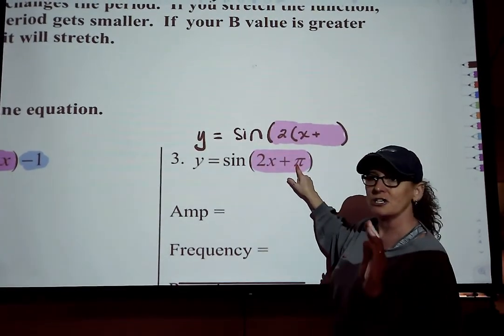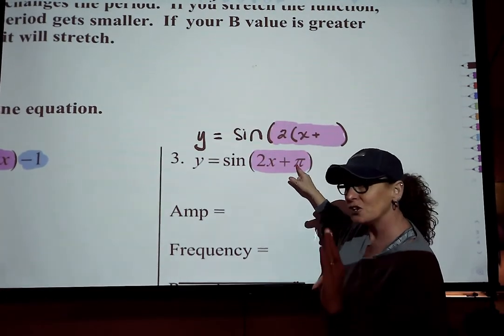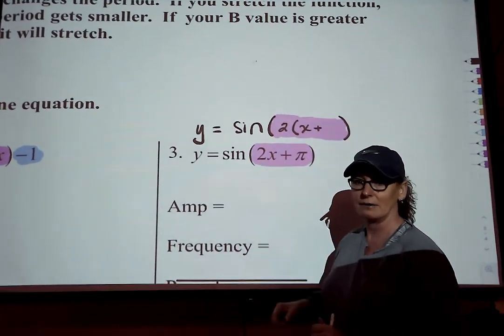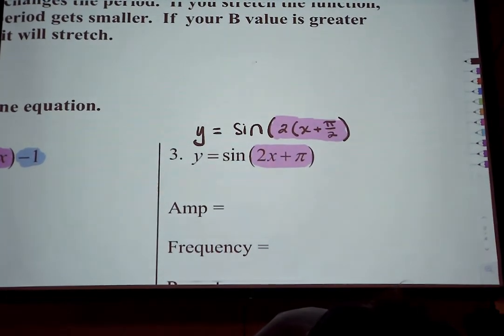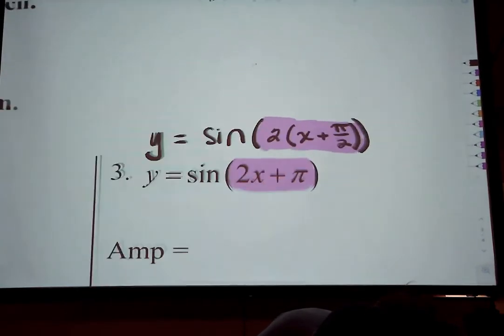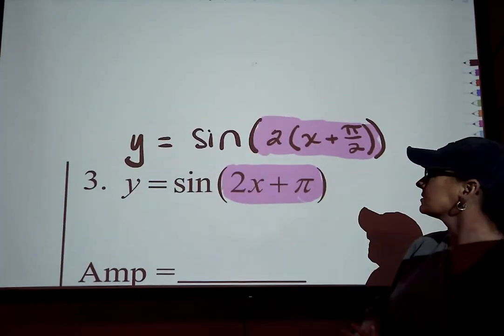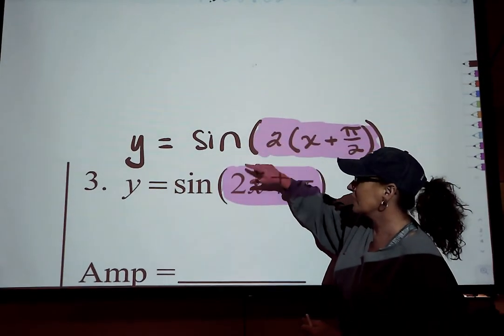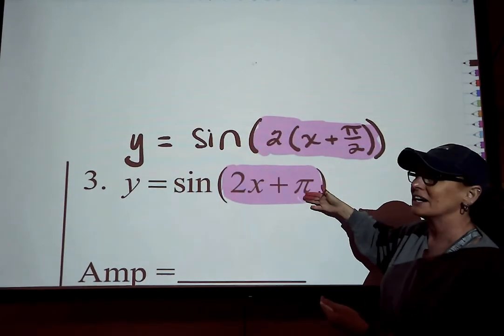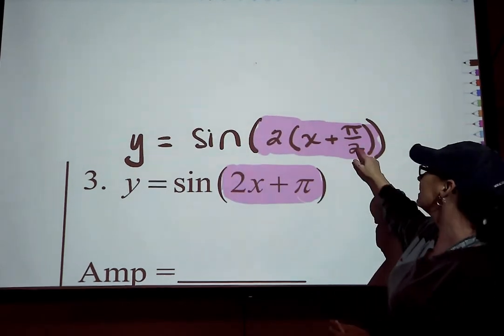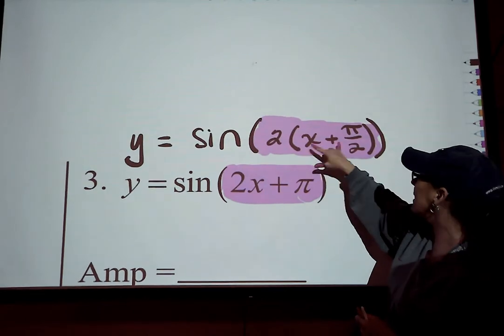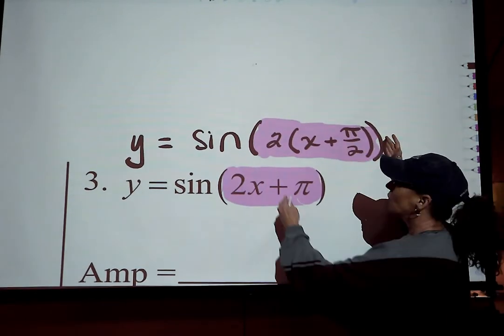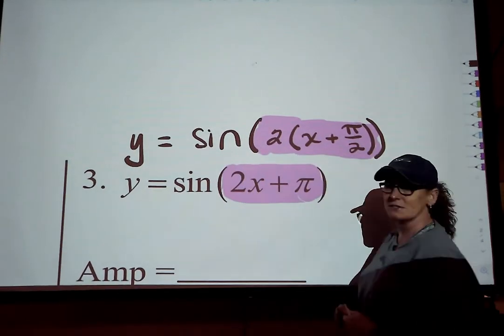Now, I need you to divide the 2 out of the pi. That's what it looks like. I divided the 2 off of the x and put it out in front. I divided the 2 out of the pi and put it out into the front. And see how I created my own little set of parentheses within the original set of parentheses.